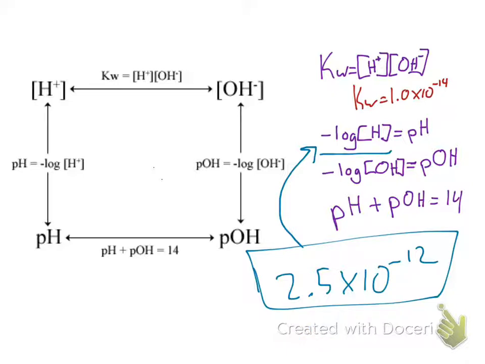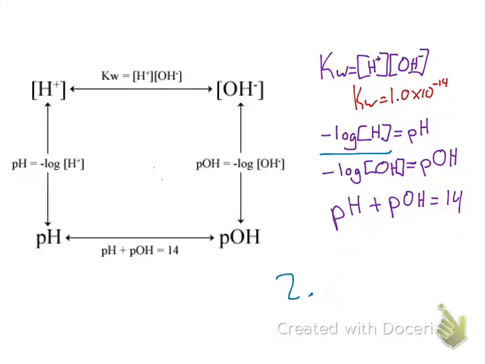Now, what you need to know from this is that if you are given a concentration of hydrogen ion, we can calculate the pH from that. If we're given the concentration of hydroxide, we can calculate the pOH.